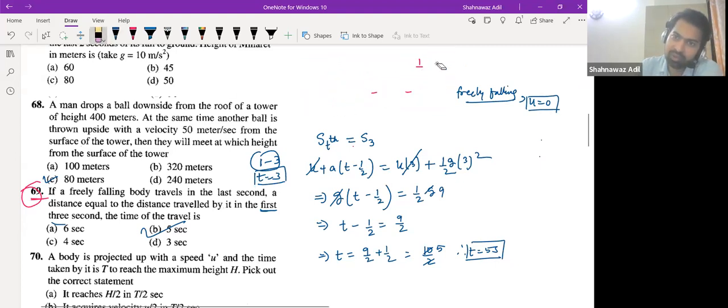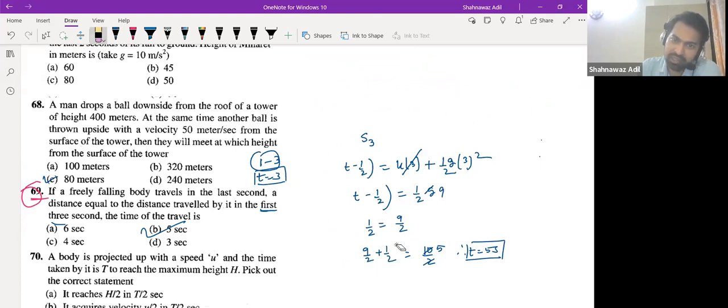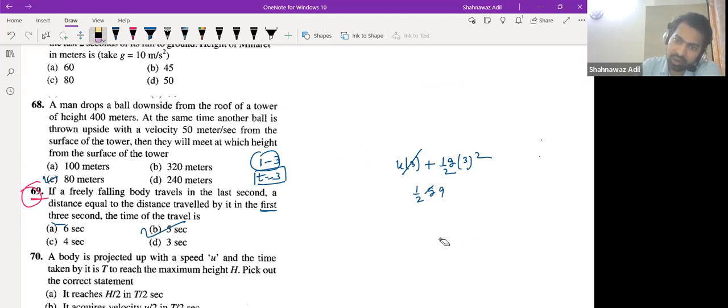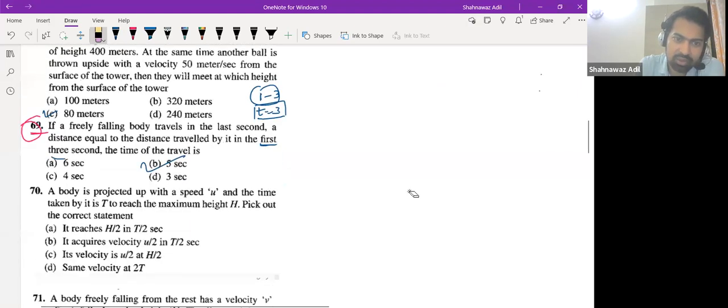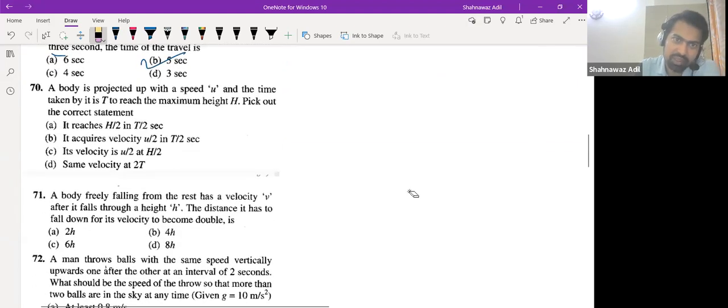Okay, so the next question is an argument question. We have to check all the options. So I will do one part and then you try the rest, right? Okay, sir. So let's say a body is projected up with a speed u.